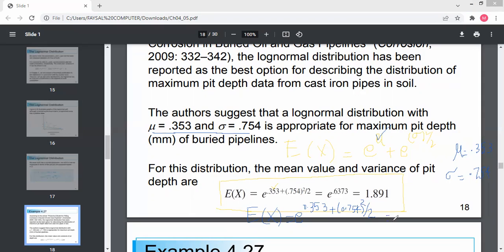After the simplification, it is e power 0.6373, so it will be written as 1.891. Okay, 1.891 is the value of E of X.